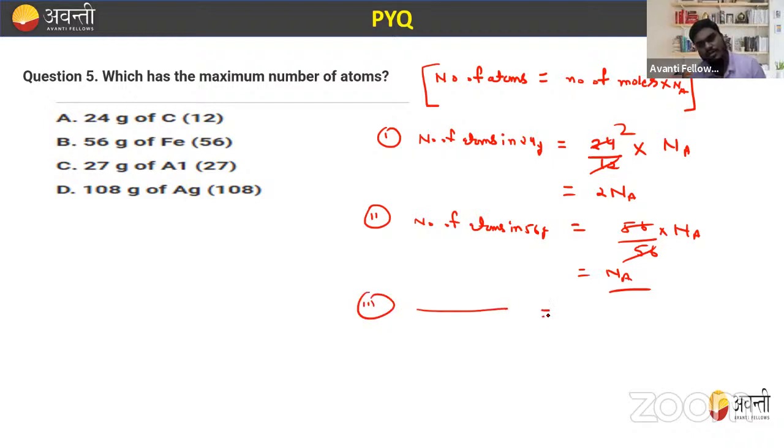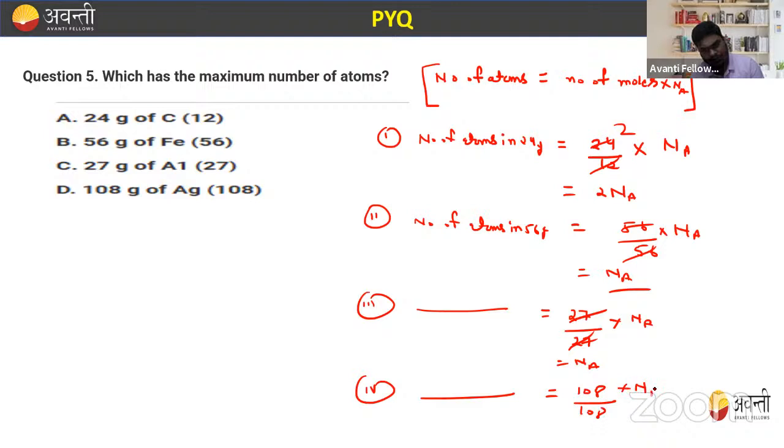The molecular mass of Al is 27, into Na, so it also comes out to be Na. Now in the fourth one, silver. The molecular mass of silver is 108, into Na, so this is also equal to Na. So which one has the maximum number of atoms? The first one, that is 24 gram of C12.